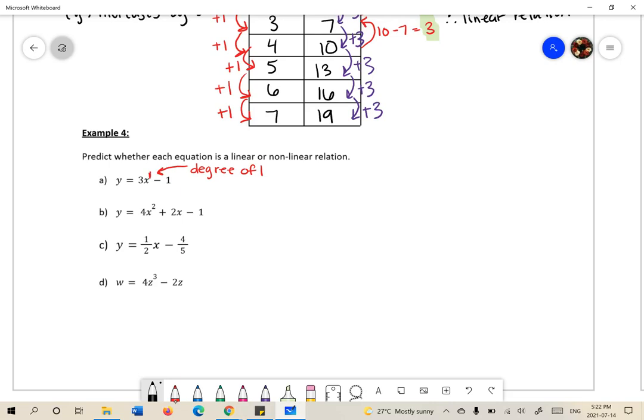So we know that equation A is linear. B, the highest exponent is 2. So we would say that this equation has a degree of 2. So because the highest exponent is not 1, we know that this is nonlinear.